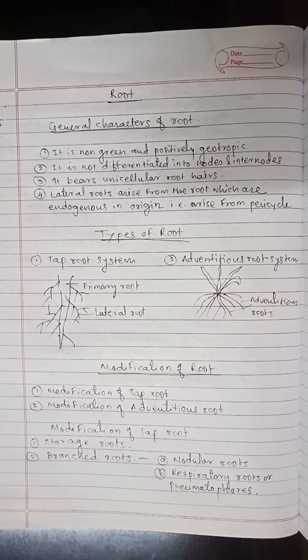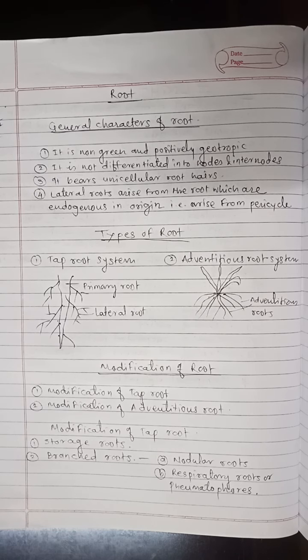Then the types of root. There are two types of root. Number one is taproot system and second is adventitious root system. The taproot system develops from the radicle of the germinating seed.